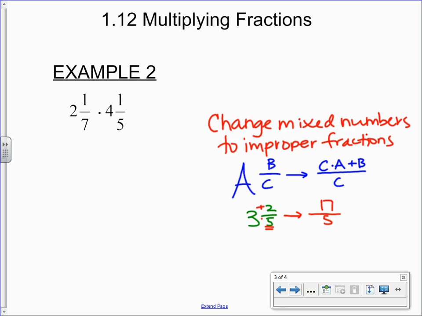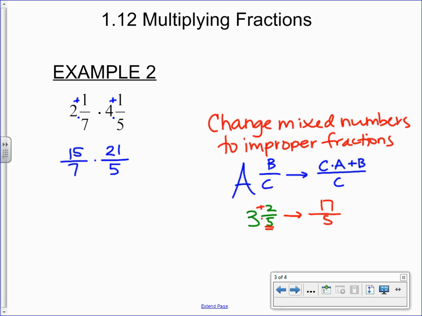Let's take another look at the problem we have in example 2. If I have to change 2 and 1/7 to an improper fraction, 7 times 2 is 14, plus 1 is 15 over 7. If I have to change 4 and 1/5 to an improper fraction, I do 5 times 4 is 20, plus 1 is 21, and my denominator stays 5.